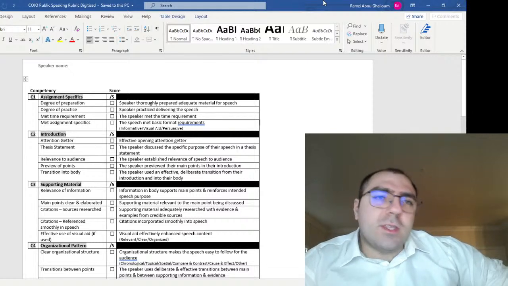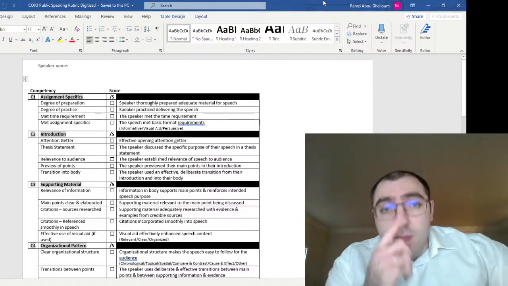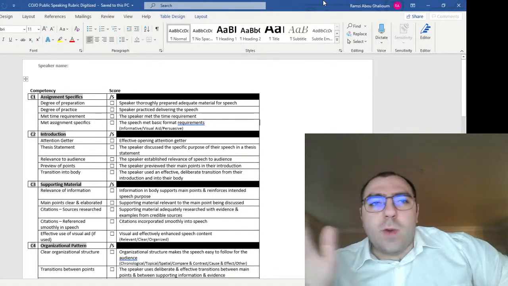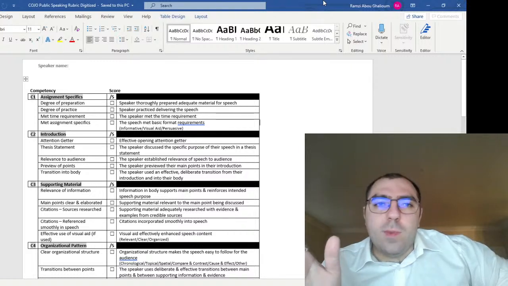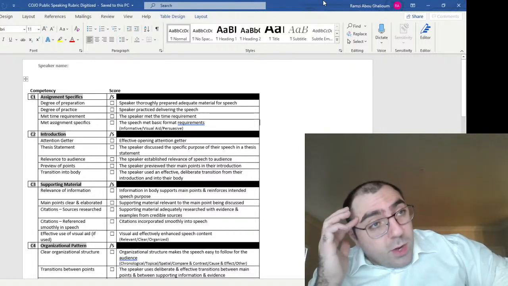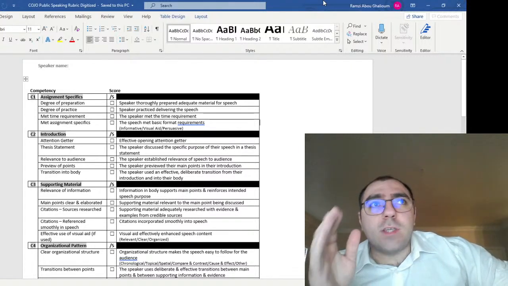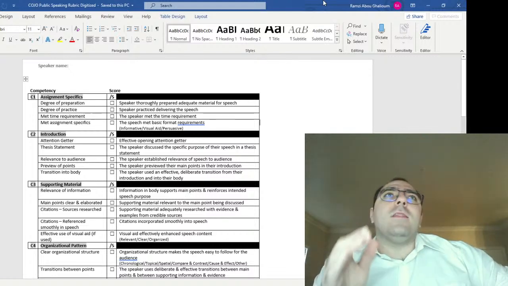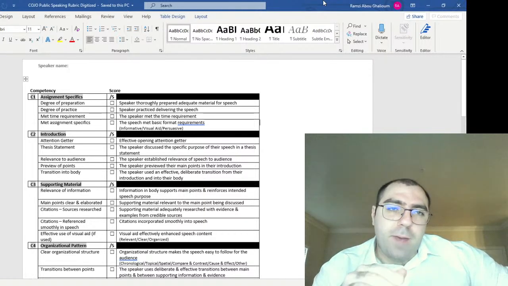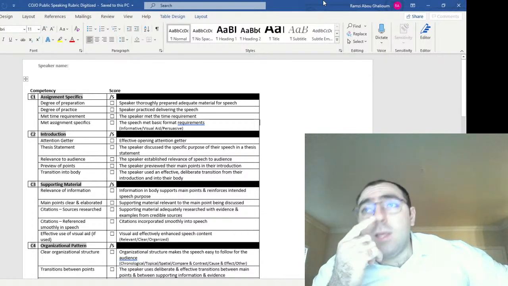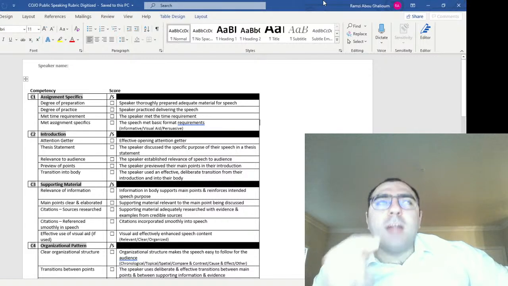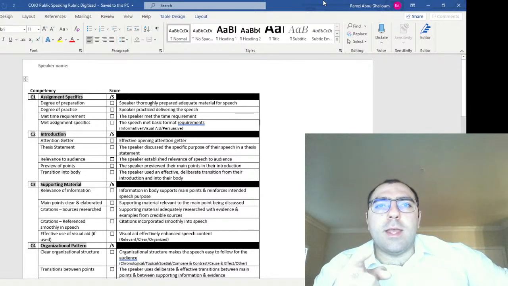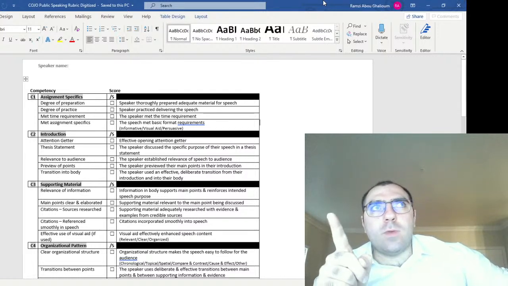So the first thing that I want to talk about is where you can find the rubric. You can find the rubric always in its original iteration in the supplemental information packet. The link for the supplemental information packet is in our syllabus. I don't remember whether or not I've uploaded a copy of this rubric into this week's Blackboard content or next week's Blackboard content.